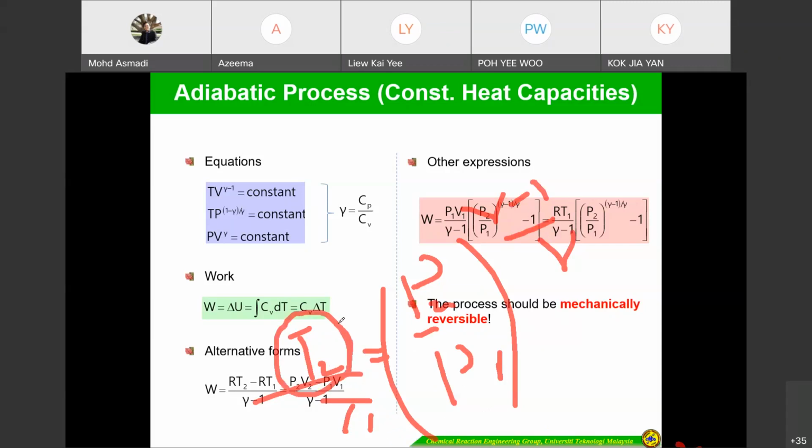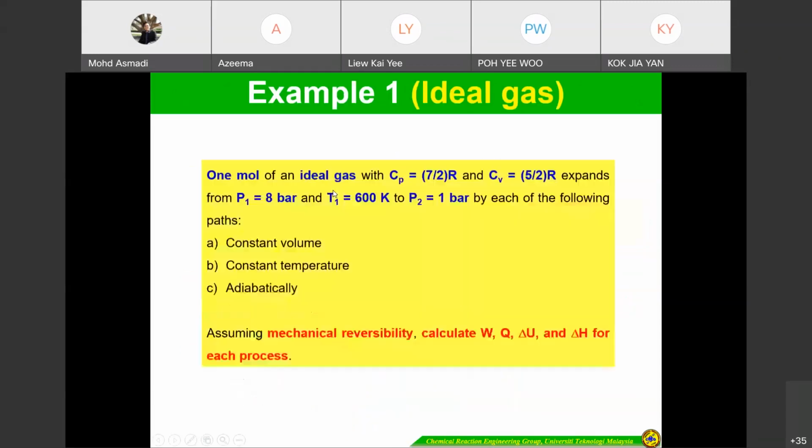So you have to recalculate the final temperature. Then you can calculate work, and also delta H and delta U. So this is for the ideal gas.